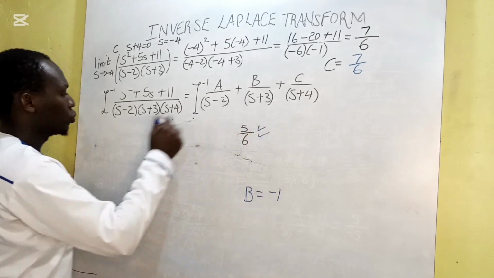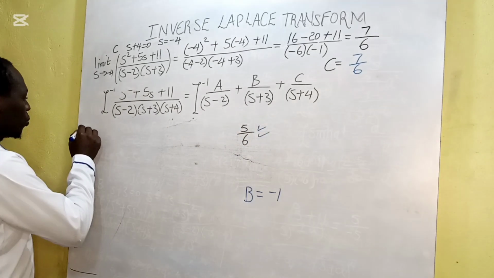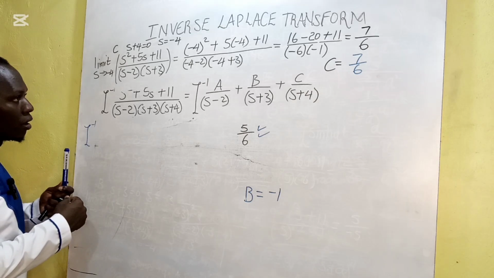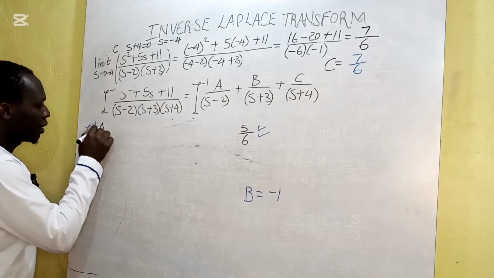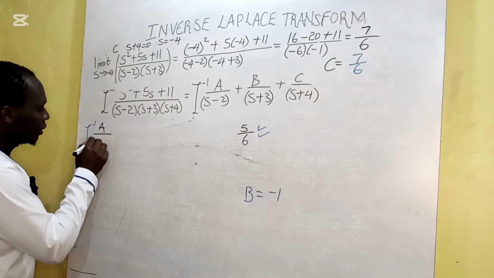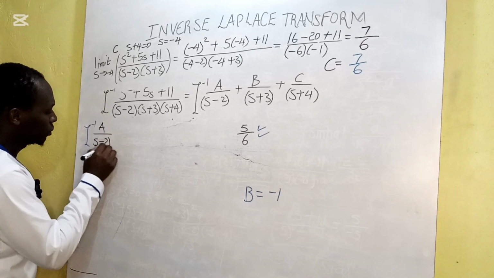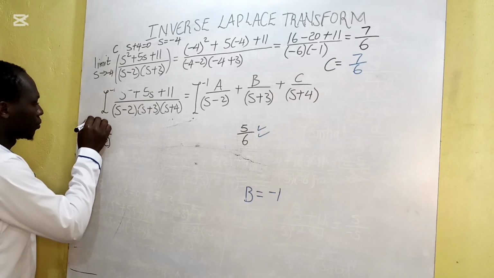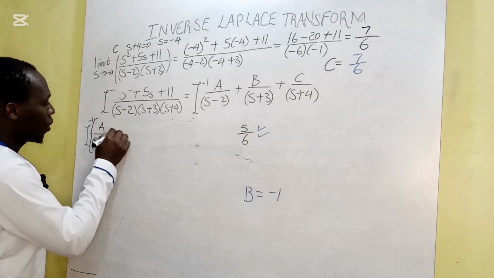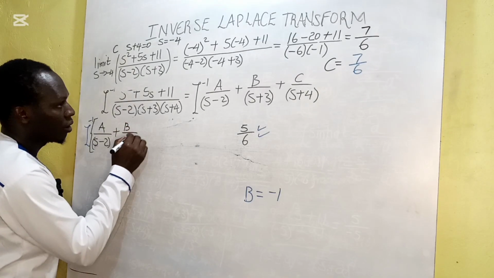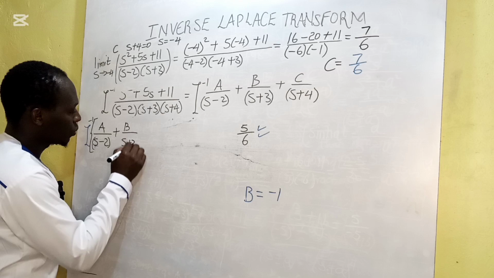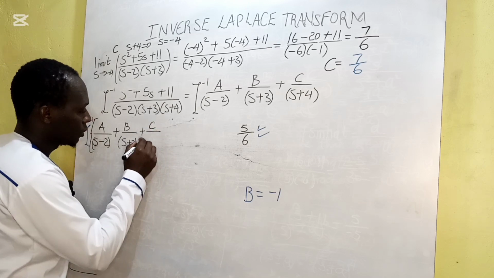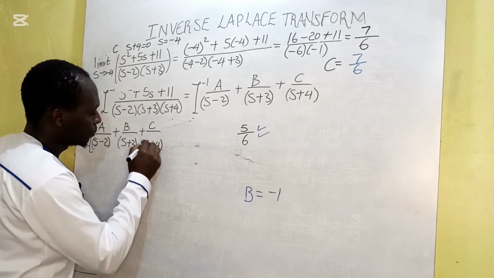We agreed that the inverse Laplace transform of A all over S, we subtract from 2, we add to B all over S, we add to 3, we come and add to C all over S, we add to 4.